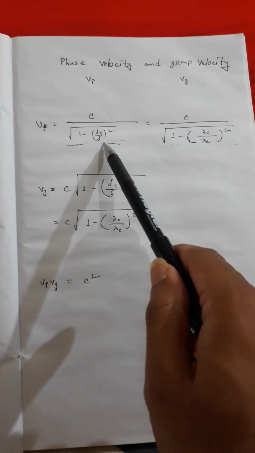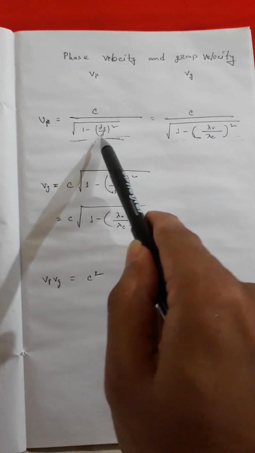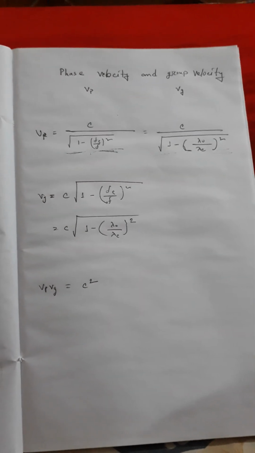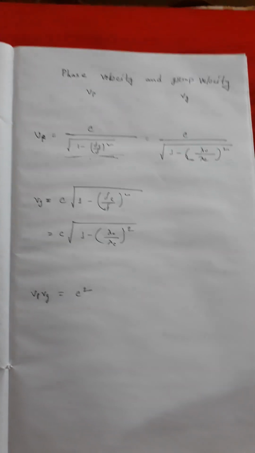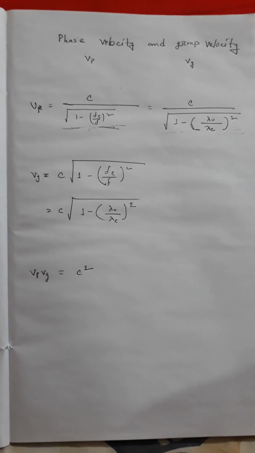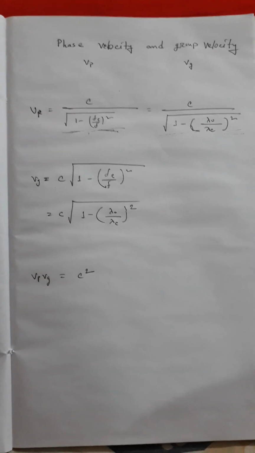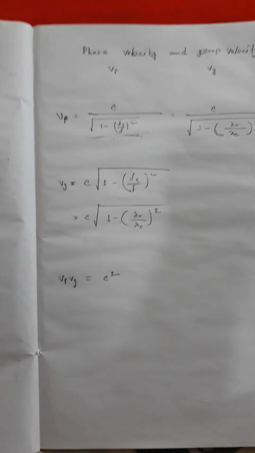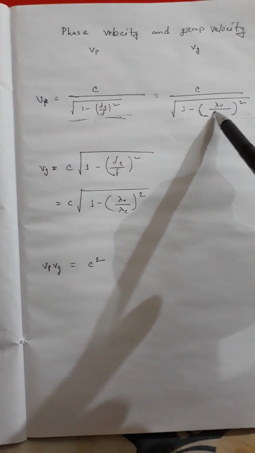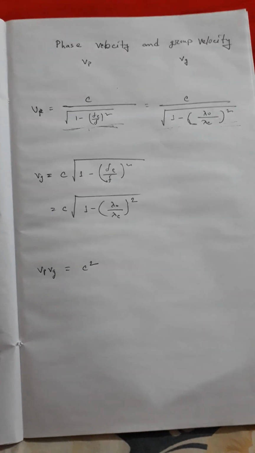When it's a matter of frequency, we have the cutoff frequency divided by the operating frequency, but with respect to the wavelength, we write the operating wavelength divided by the cutoff wavelength.